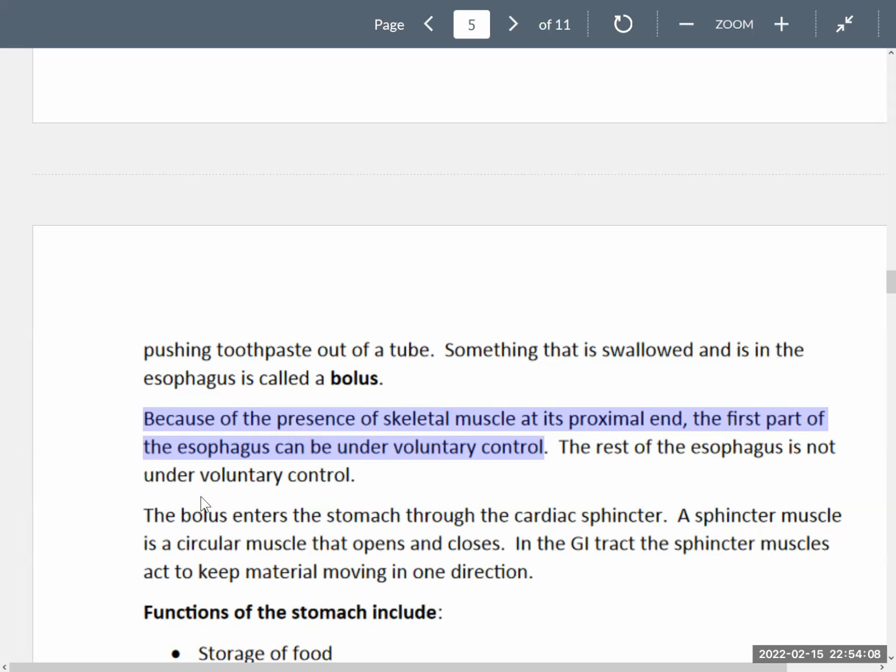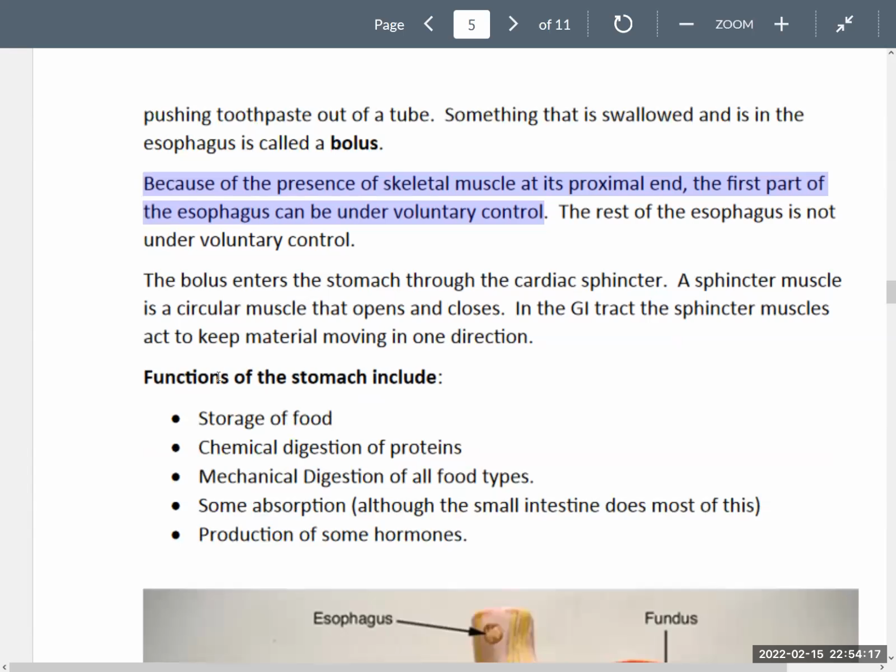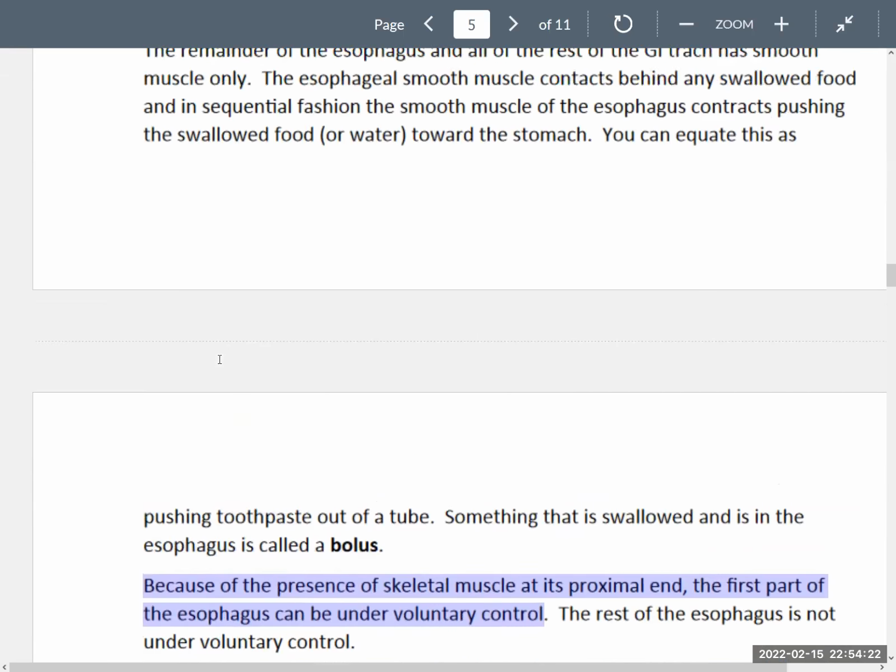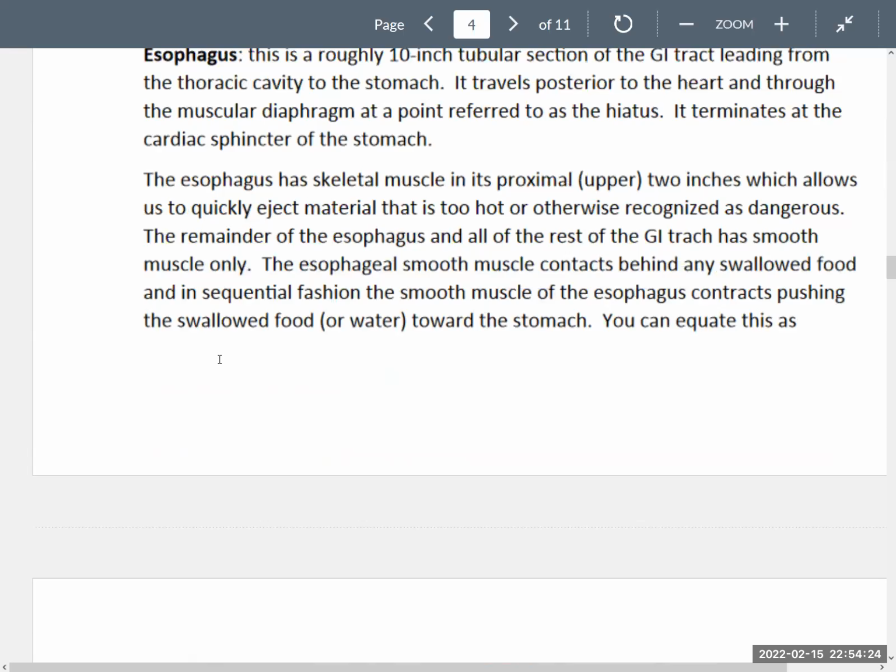Peristalsis is the movement of a bolus being pushed by smooth muscle towards the stomach.